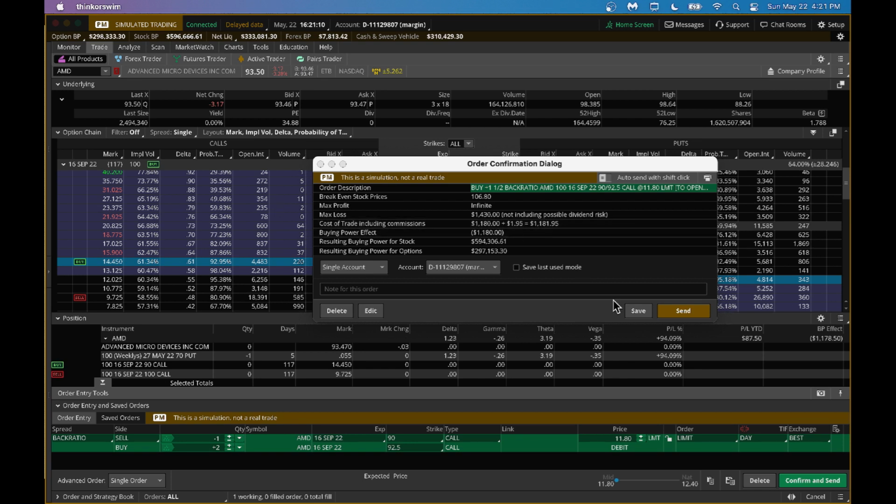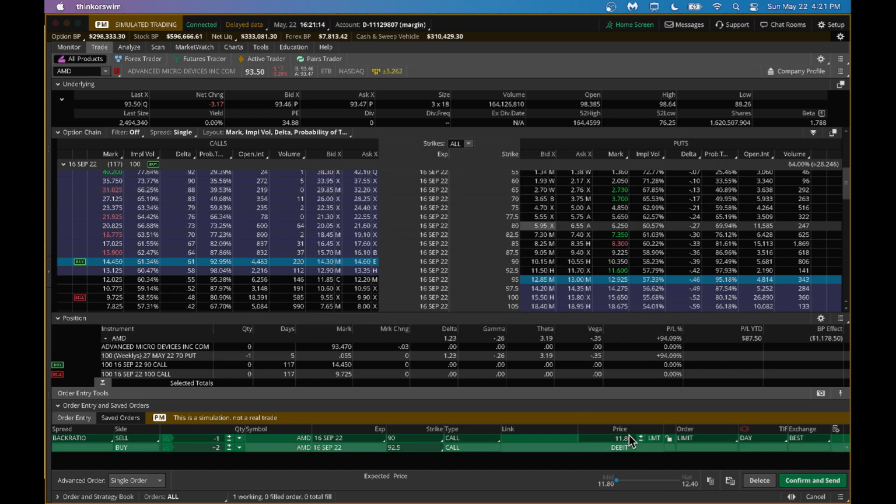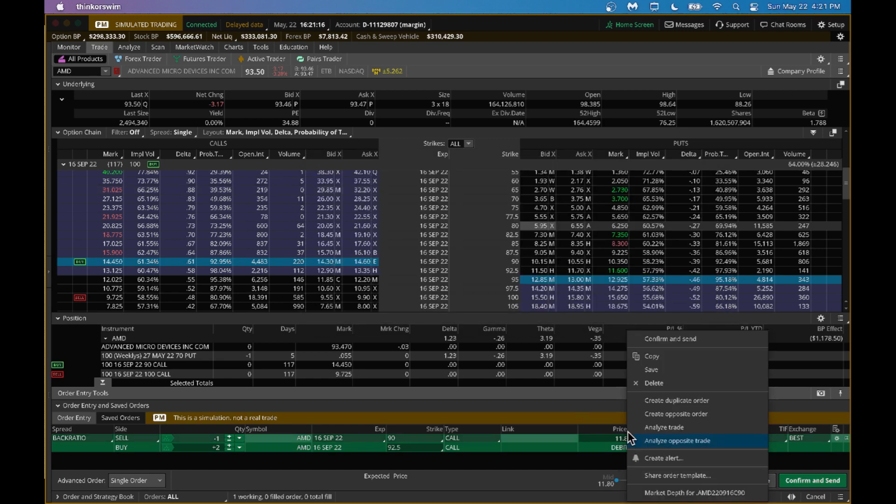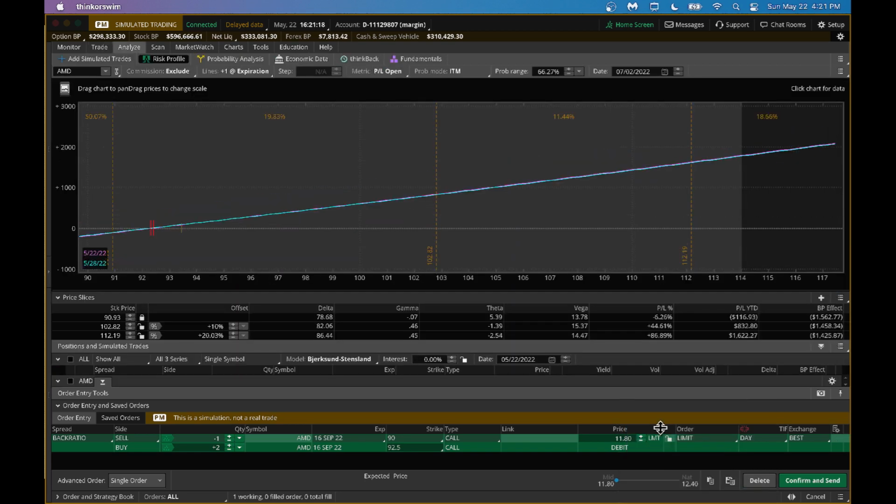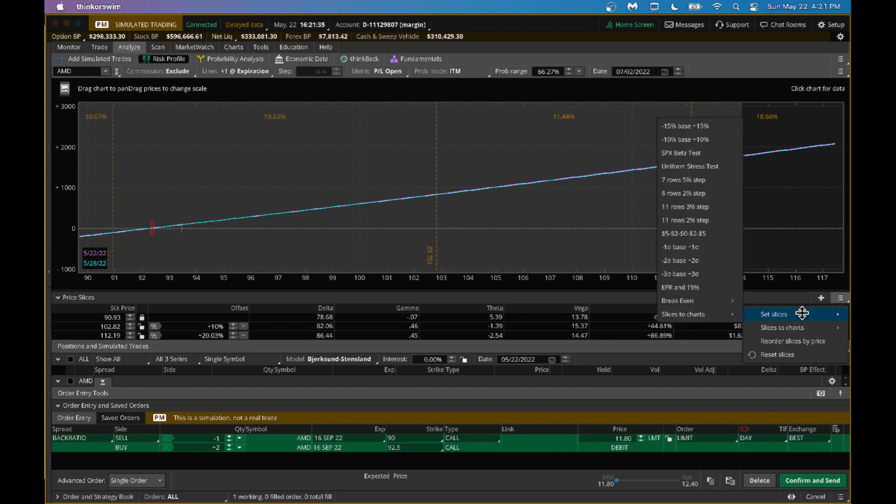So with that, what we'll do is go into the analyze trade tab here and look at the profitability of this trade. All right, let's go to the analyze tab here, and what I will do is look at my trades here and make sure I have the right ones. I think we got the right one here. We got AMD. What I would also do is go here and set the slices to break even. All right, 528.